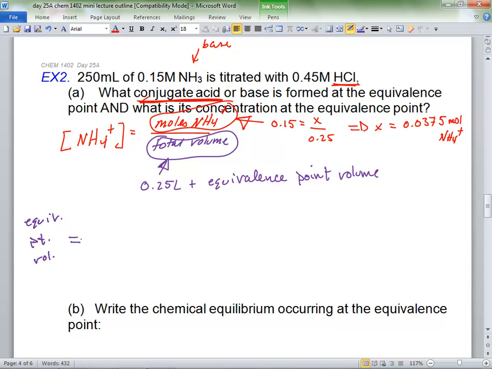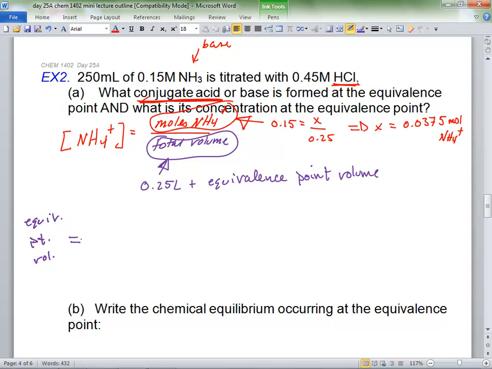Then this has to go in to get that total volume. Oh, nice. It should work, right? Looks good. Well, here, NH4 plus, its moles is going to be the same as this guy's moles.